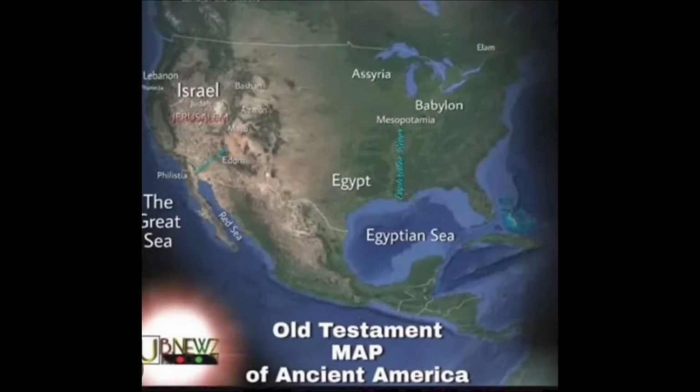Now look what we have here. Old Testament map of ancient America. As you see on the left, the Great Sea, Lebanon, Israel, Jerusalem, the Red Sea, Egyptian Sea, Assyria, Babylon, Mesopotamia, all these ancient biblical territories in your so-called great book, the Bible.